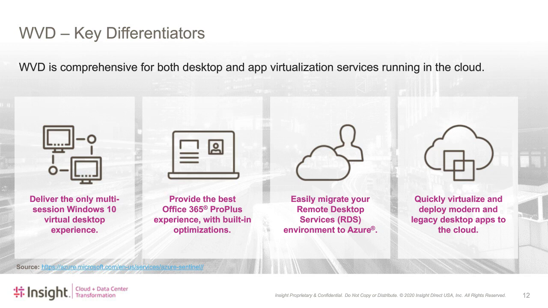So that does give them at least some closer proximity to the Office 365 core infrastructure. Microsoft has that key differentiator in that the WVD solution sits directly in their data center. WVD is the only multi-session Windows 10 virtual desktop experience that's out there. So what does that mean? That means it's the only one that allows multiple users to connect to a single virtual desktop.